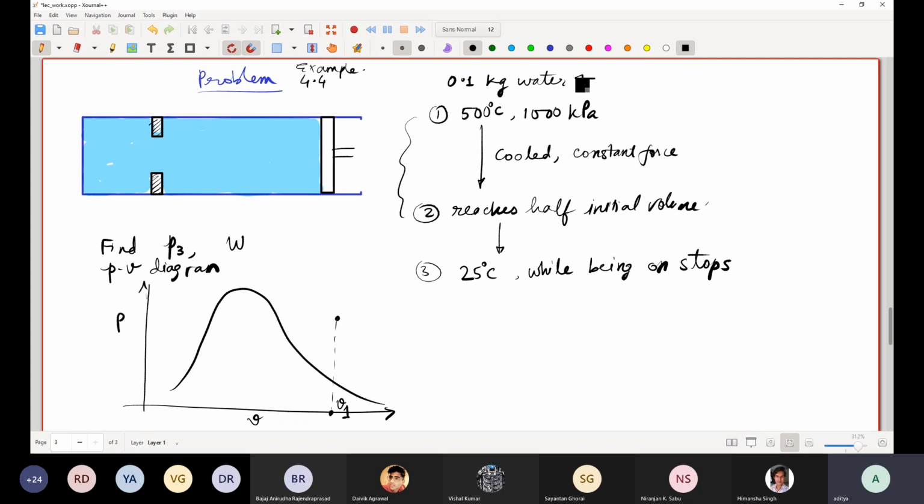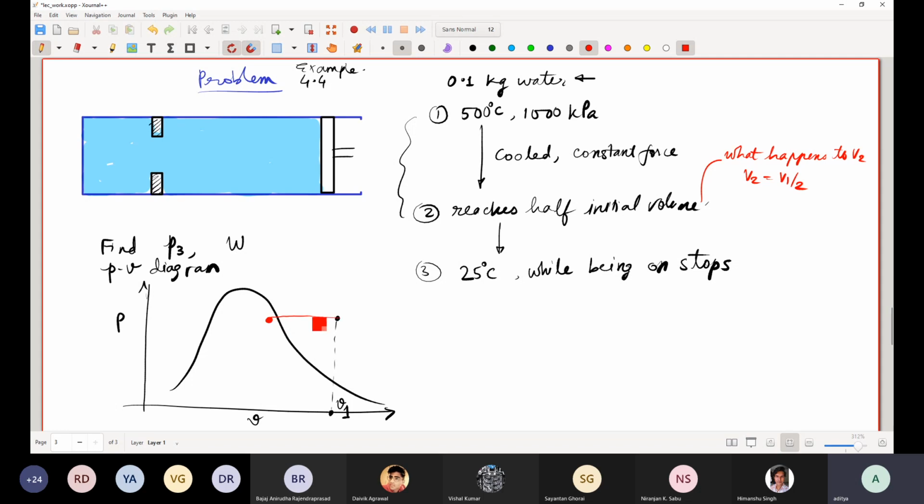So when you say that something makes the volume go half, what happens to the specific volume? It also goes half. So we can say that V2 is half of V1. So it goes somewhere over here. So this is point 2.